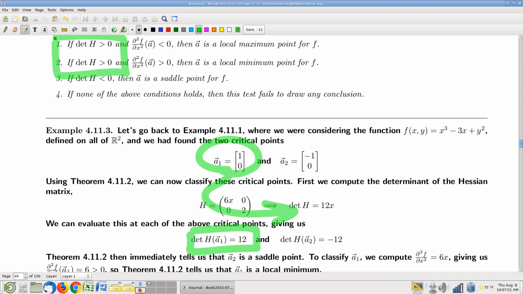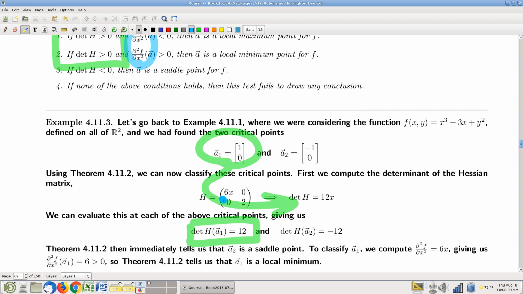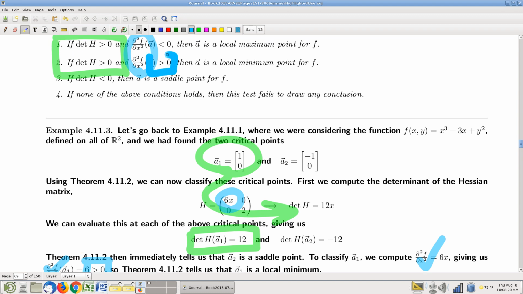Now, being positive, there's two remaining possibilities, right? I've got to decide which one of these it is, and we decide on those possibilities by looking at the second partial with respect to x. That x second partial, you can see it right there in the Hessian matrix. Plug it in. Notice that it's positive. Being positive, we get a minimum.